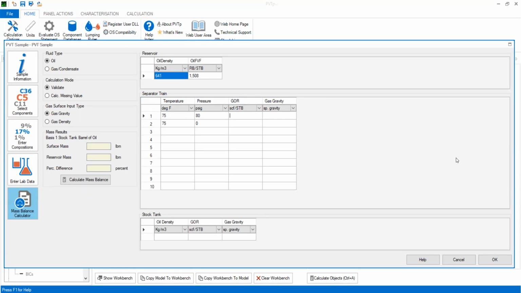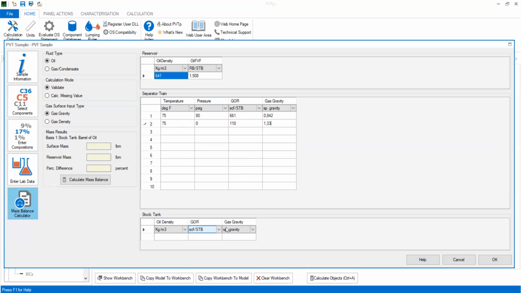And the GOR, you can go back and check the PVT report, it's 661, whereas for the second stage at atmospheric condition, it's 110. We also have the data in our PVT report about the gas gravity, because we select gas gravity here. The first value is 0.842, and the second one is 1.33.